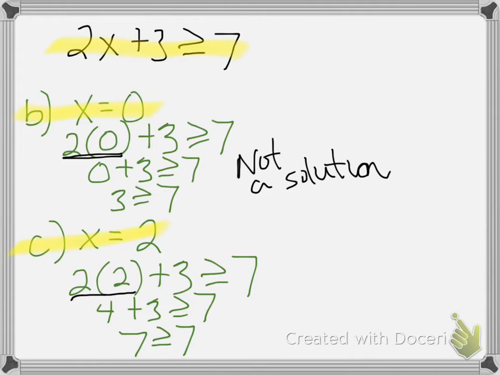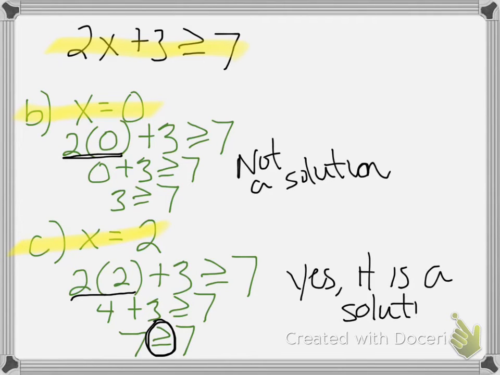Is that true? Yes, it is, because 7 is equal to 7, and you have an equal to bar. So they are allowed to be equal. So this one is yes. It is a solution.